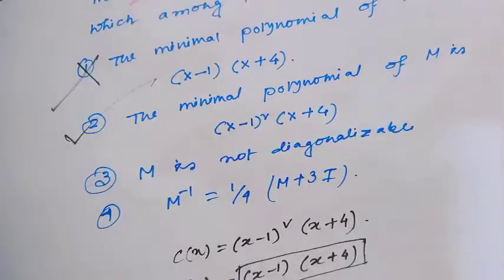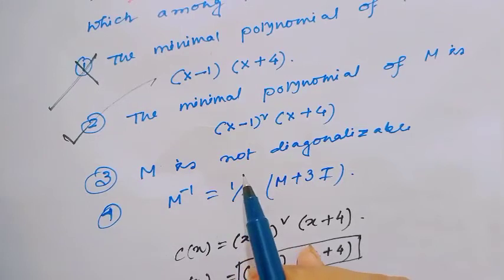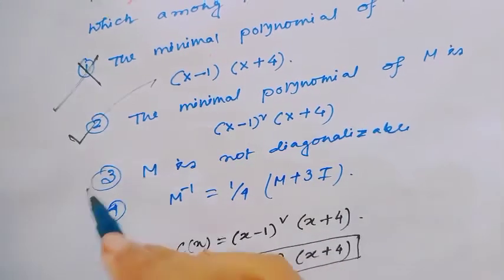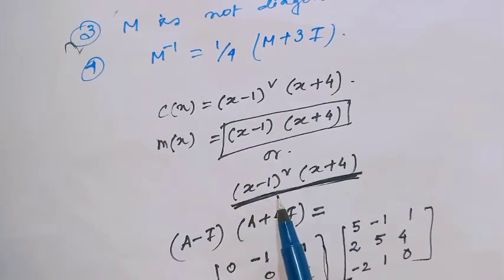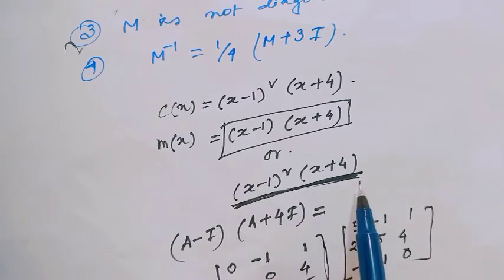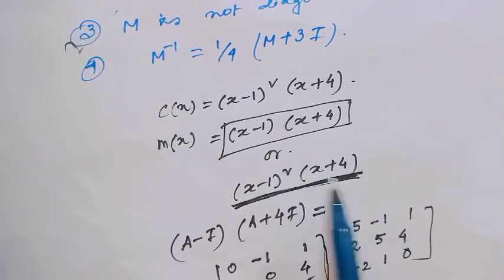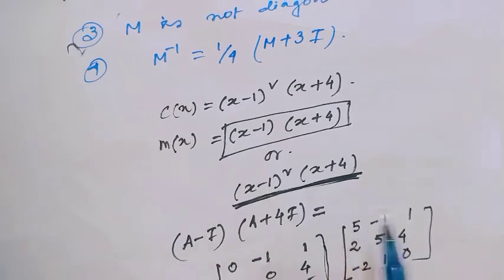Option 3 says M is not diagonalizable. This is also a right option, because the minimal polynomial is x minus 1 whole square times x plus 4, which is not a product of linear factors with distinct roots. So obviously M is not diagonalizable.